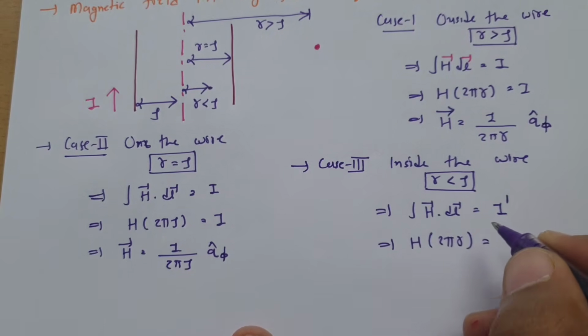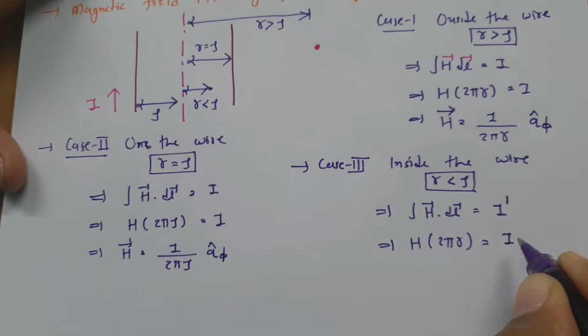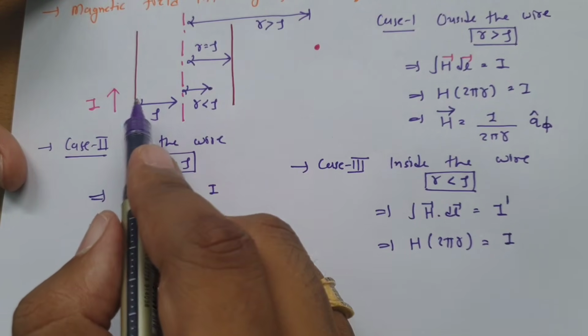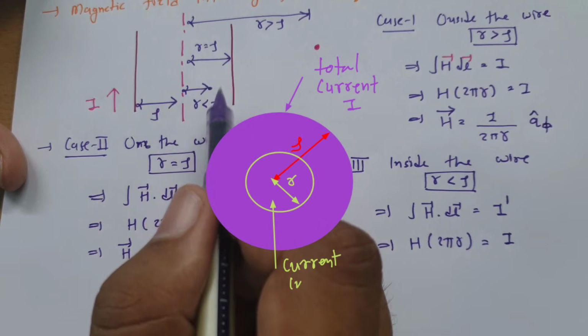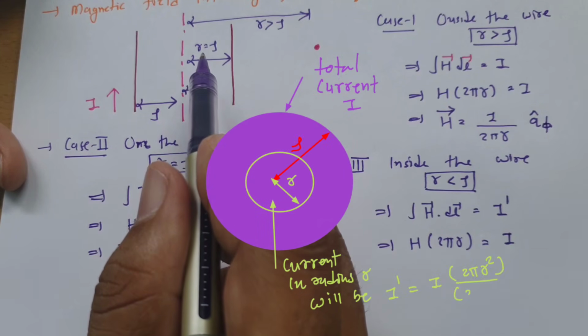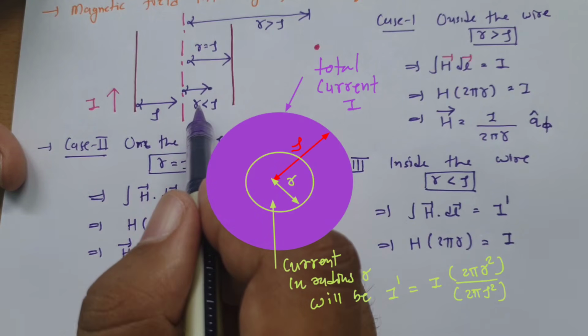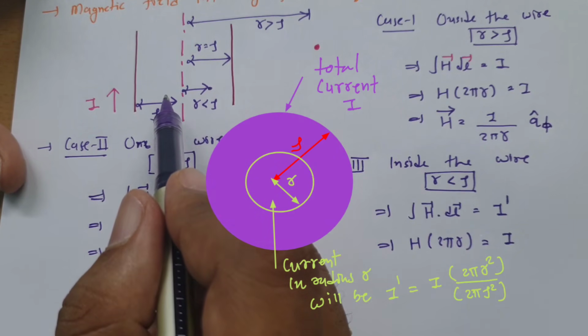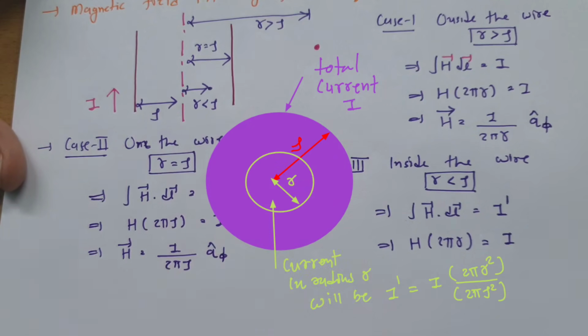But what will be I dash? Now you see, I dash will be the total current into, now you see, the total current is distributed over the total cross-sectional area, and the total cross-sectional area of this wire will be pi rho square. We need to calculate the current for the area with radius r, which is less than rho, right?